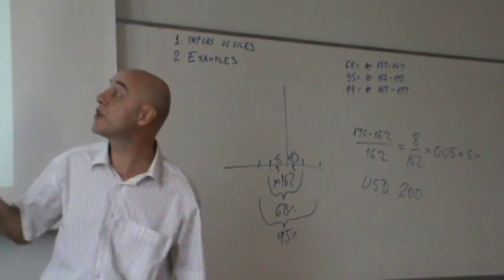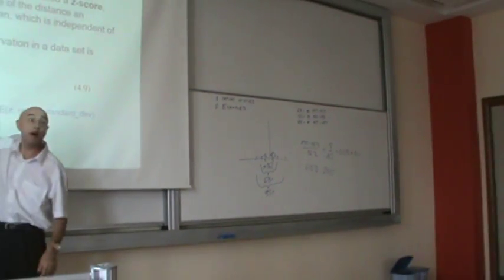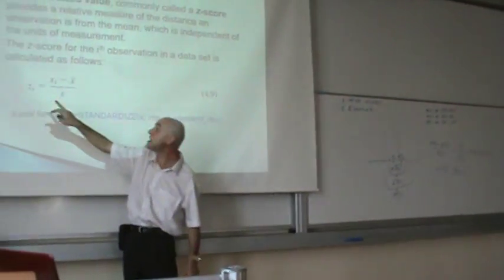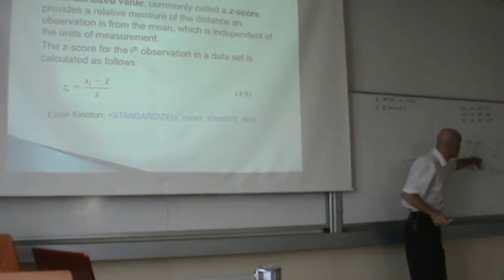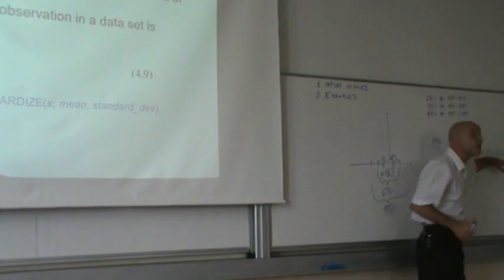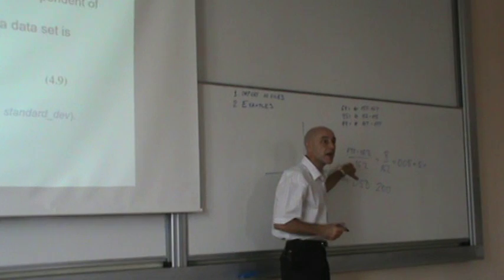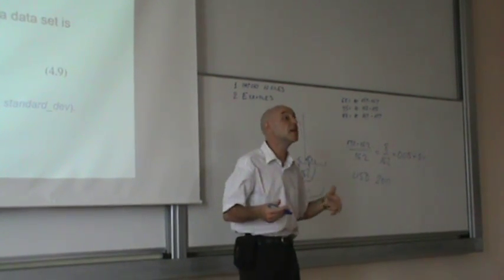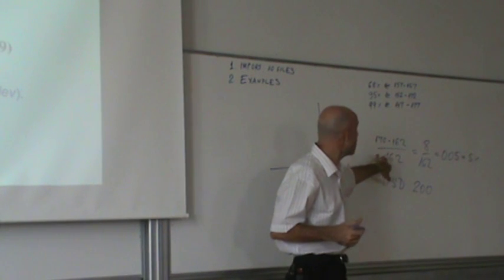We have different measures. We can divide the difference by the mean, or we can divide it by the standard deviation. That's a very good option. So you can divide by the mean, that's true, and you get one type of z-score. Correct. You can instead normalize by dividing by the standard deviation.